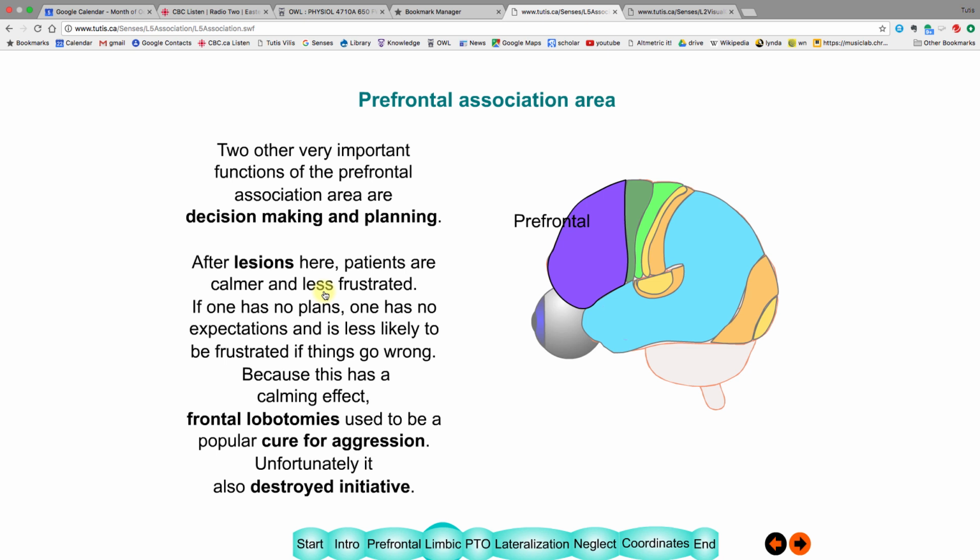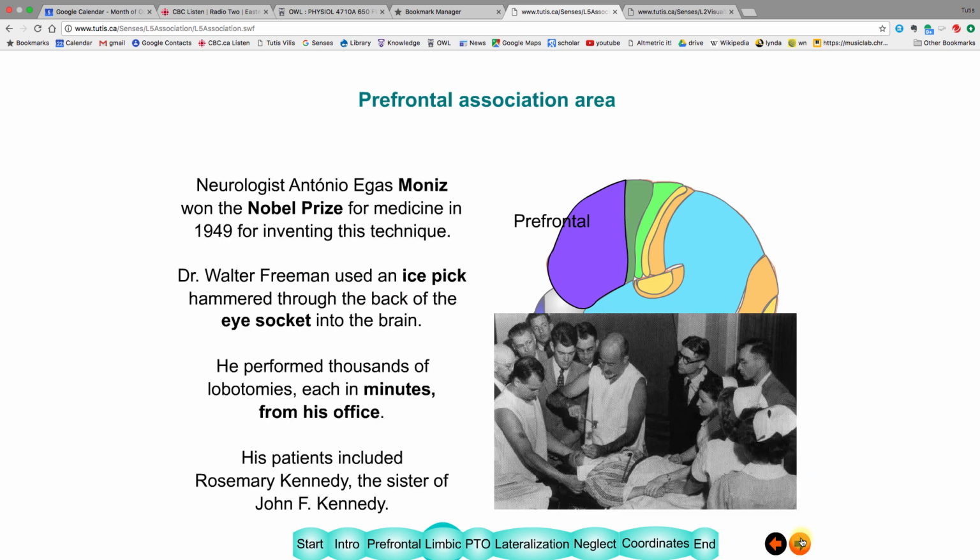It is amazing how popular this cure became. A fellow by the name of Moniz won the Nobel Prize for coming up with this technique. Okay, he won the Nobel Prize.